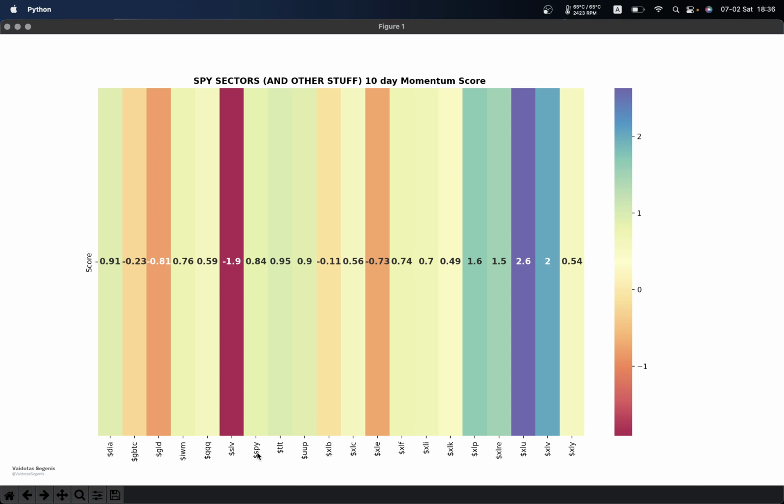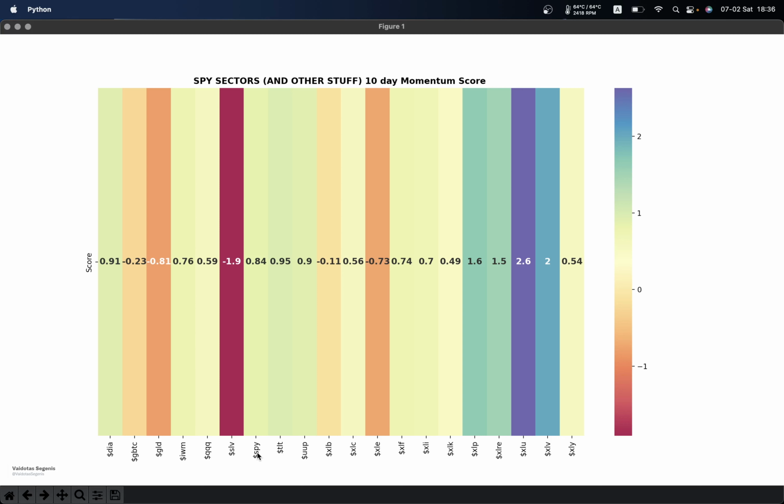As you can see, on the short term the trade is up, short-term risk is up, because SPY has a positive momentum score on a 10-day basis, and quite a significant one: 0.84 in a bear market. In a bear market, that is a good sign that we need to wait. Again, the general rule of thumb is that you want to see a negative momentum score on all time frames, which is not the case here.